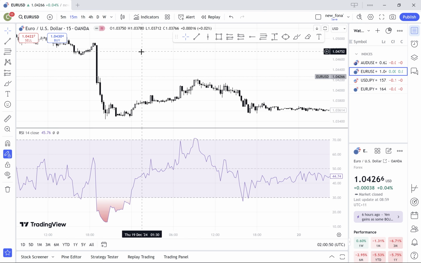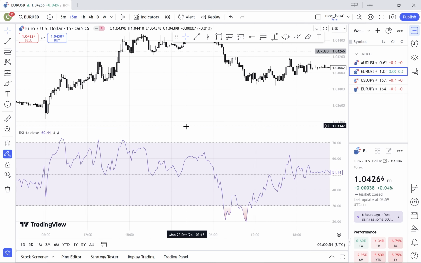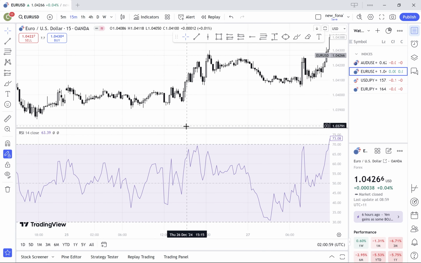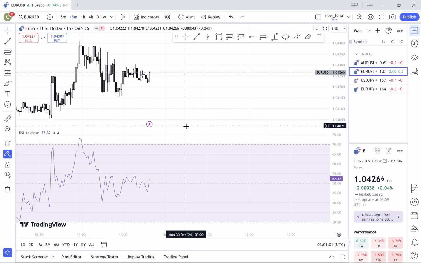So if we would have taken a bullish trade with my take profit here and my stop loss around there, we would have profited. The price did go up after all, and it never went below that price.